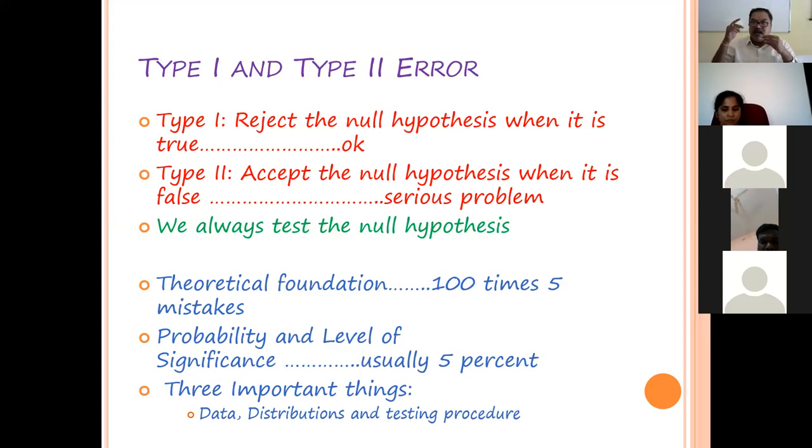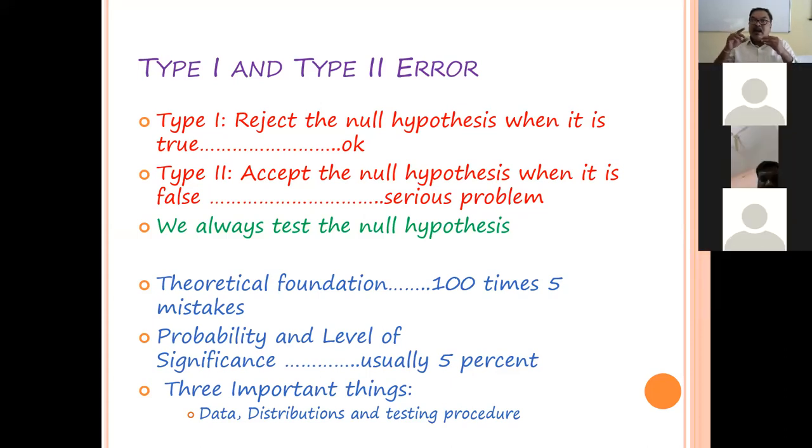If you're conducting a chi-square test, you have a chi-square table value. When you calculate the test value for your problem, whether it is t, f or chi-square, the calculated test value should be greater than the table value. These are the two criteria we always use while testing the hypothesis.